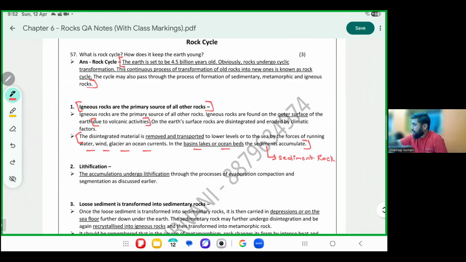Once the cooling and solidification happens, then chapter 9 comes into the picture, called weathering. The rocks start to break down, weather. Then chapter 10 happens, that is they get shifted from one place to another. That's when igneous, please write there, igneous now starts to shift into sedimentary. This point speaks about igneous first, and then it speaks about sedimentary.